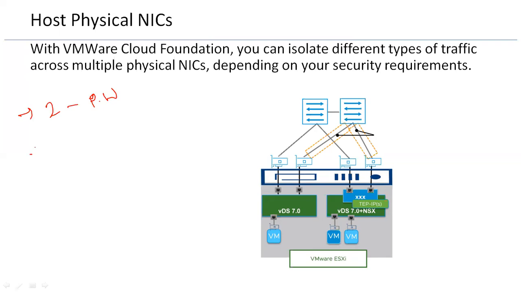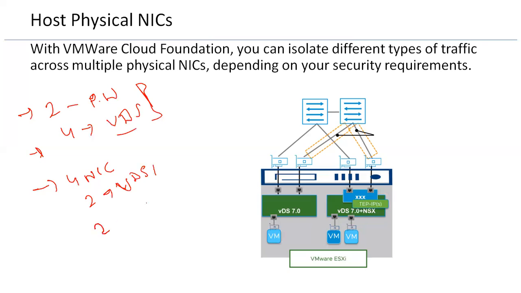If you want to go with 2 physical NICs or 4 physical NICs with a single VDS configuration, you can go with that as well. Or if you have 4 NICs, you can use 2 NICs for one VDS and 2 NICs for another, VDS2, where you are segregating your traffic.